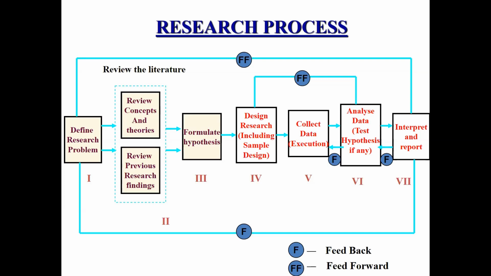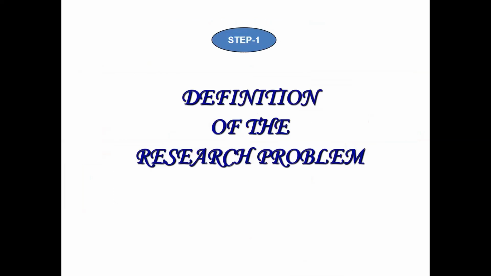Formulate the hypothesis, design the research including sample data, and analyze the data. This is a very important basic step. If you are good in the review of literature, half of the research may be over, so you can answer anyone.